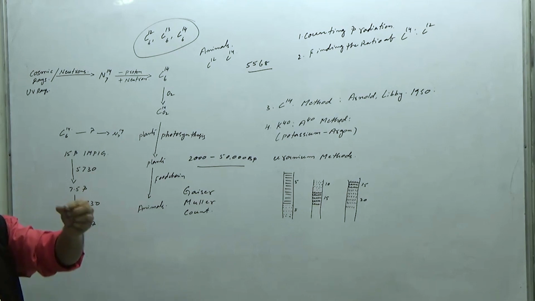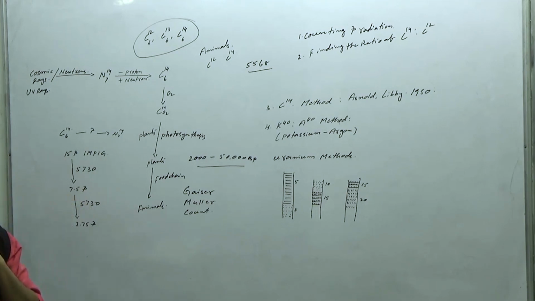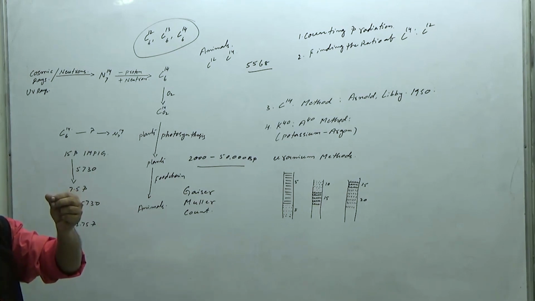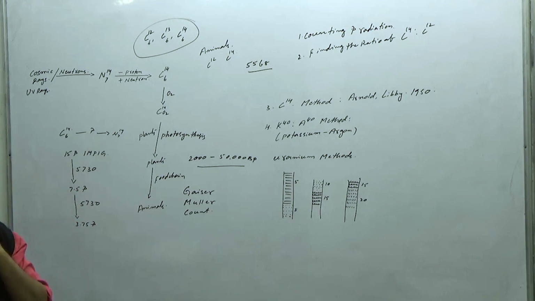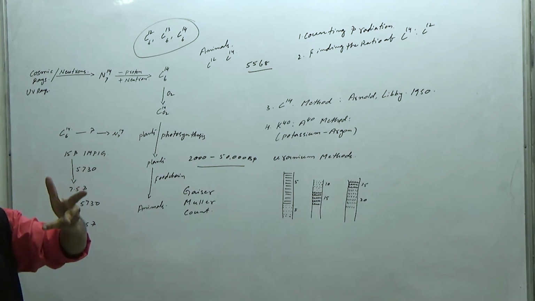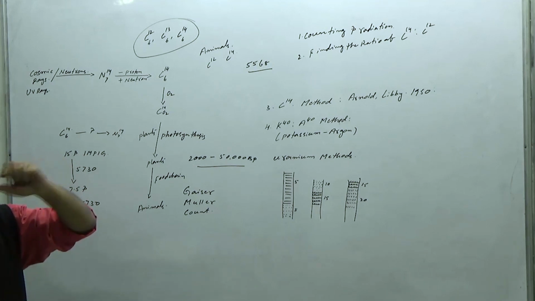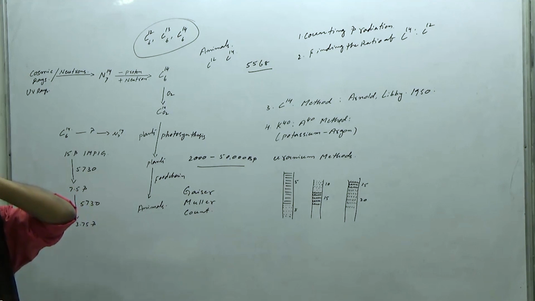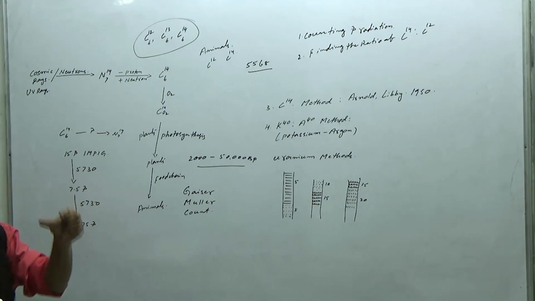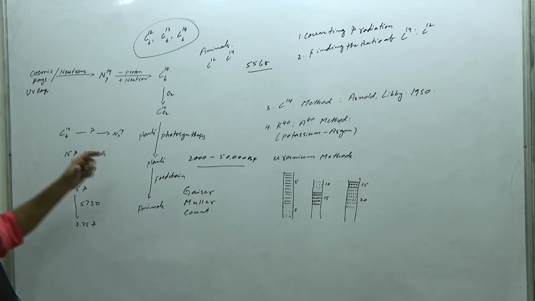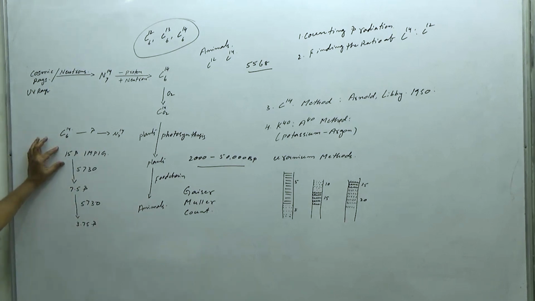The material quantity is also considered. 1 gram of bone releases that many beta radiations. 2 grams, 30 beta radiations. 10 grams, 150 beta radiations. That means per gram per minute, 15 beta radiations are released.